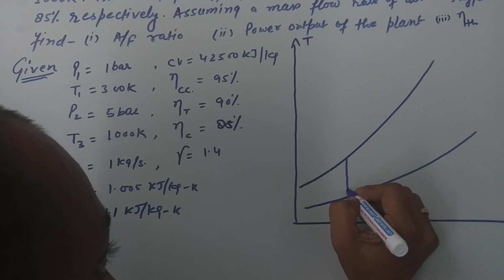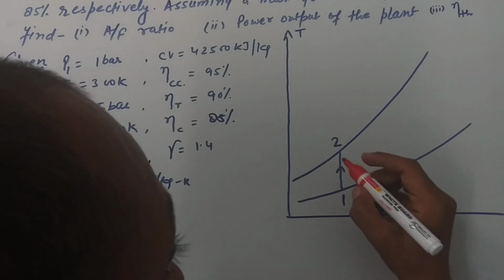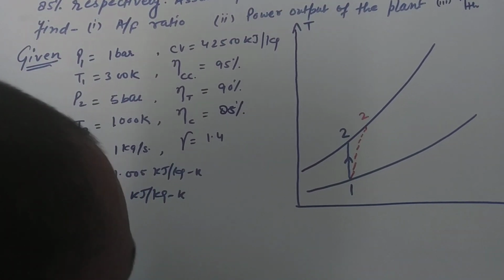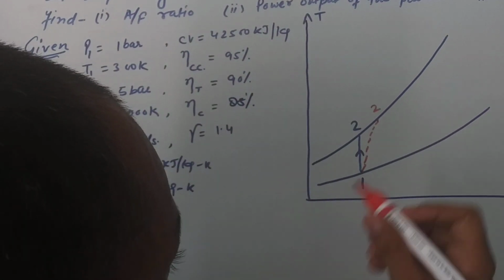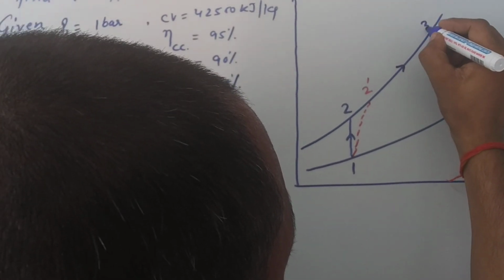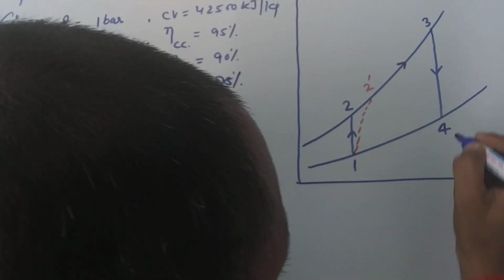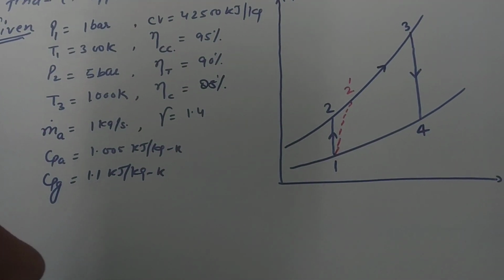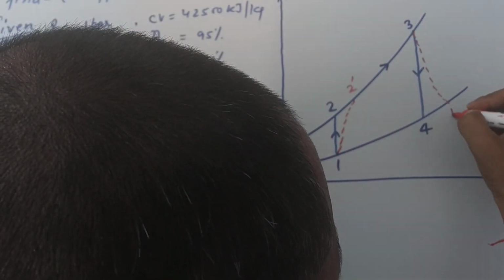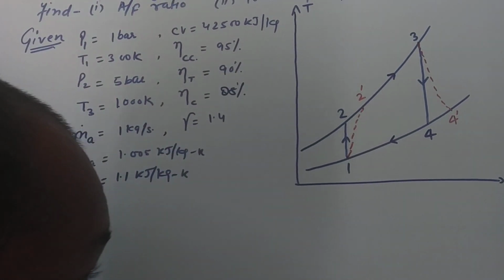1 to 2 is an isentropic compression and 1 to 2 dash is an actual compression. 2 dash to 3 is the combustion process. 3 to 4 is isentropic expansion, and 3 to 4 dash is actual expansion. 4 dash to 1 is heat rejection.